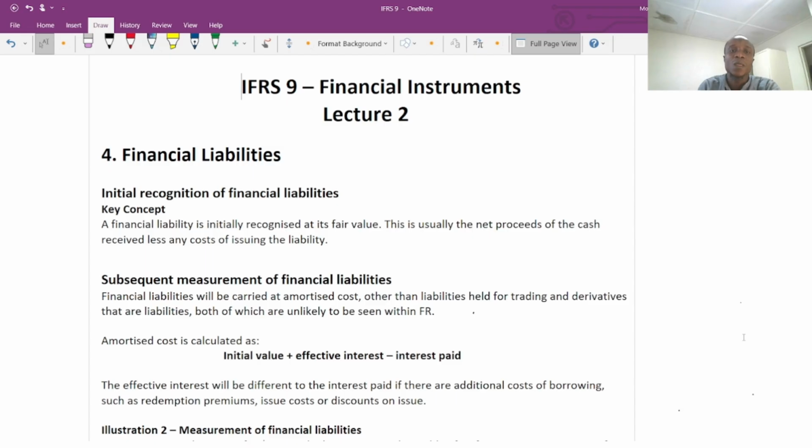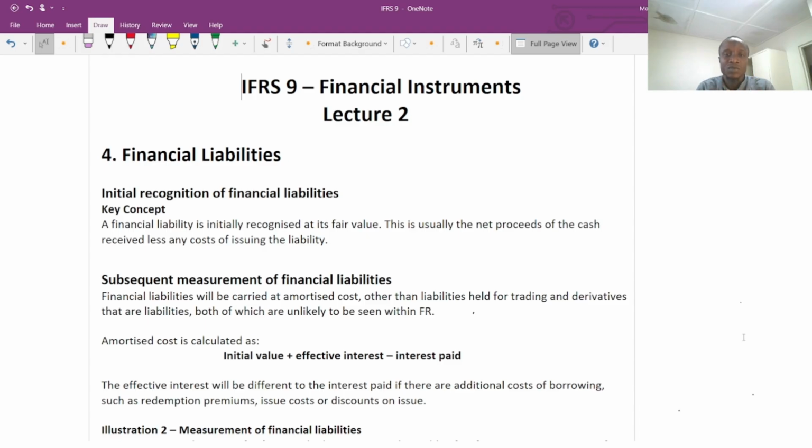Today, we are going to continue IFRS 9 financial instruments. I have already covered the key concepts of financial instruments that has to do with the financial liability as well as the financial assets. I've covered the classification and what you should look out for for a transaction to be a financial instrument.